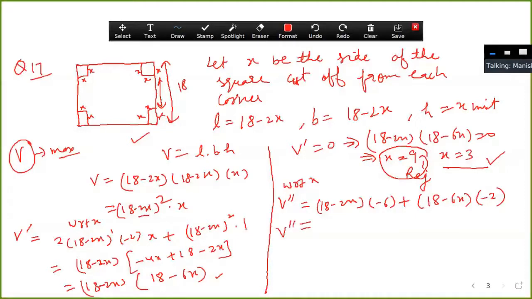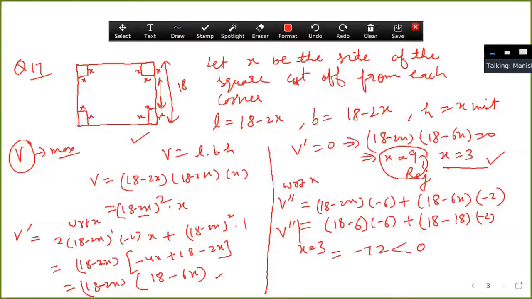F double dash at x is equal to 3. Put the value of x is equal to 3 here. You will get a negative value. This will be 18 minus 6 into minus 6 plus 18 minus 18, that is minus 2 multiplied by, and here you are getting 12 into 6 minus 72, that is less than 0.